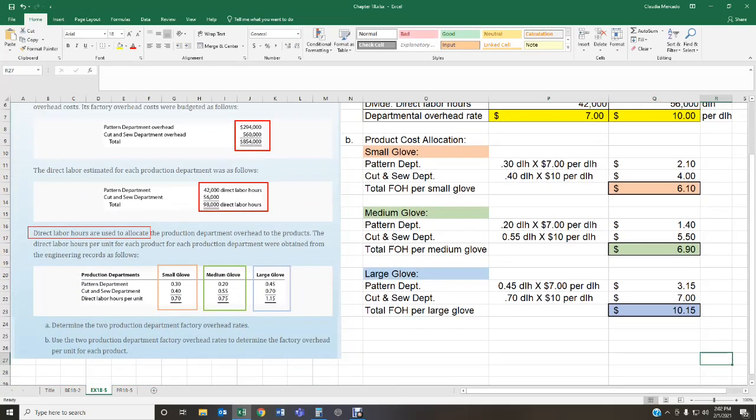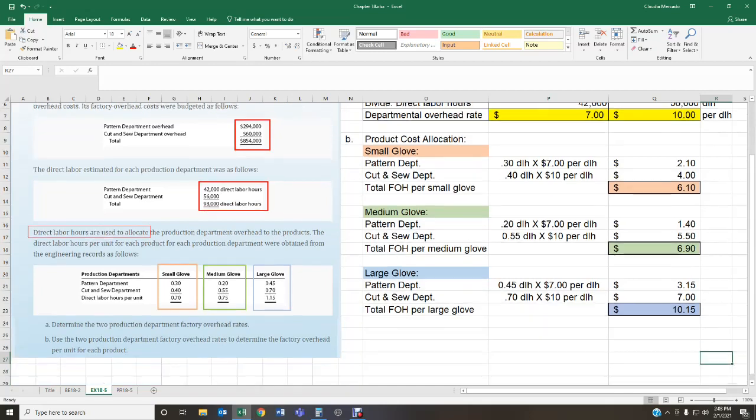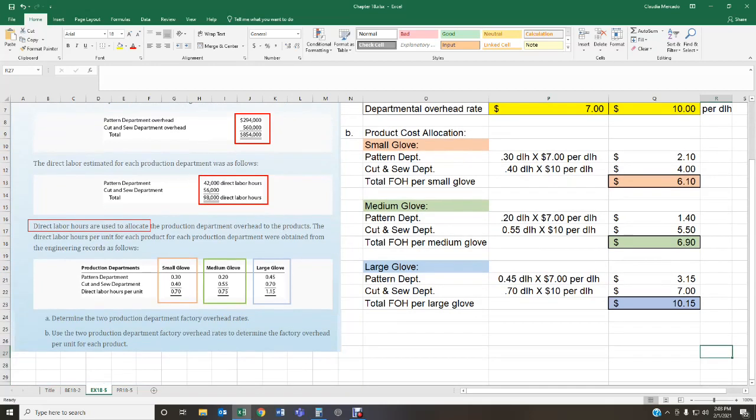So what we did here in requirement B is we used the two production department factory overhead rates, which we had already calculated in requirement A, to determine the factory overhead per unit for each product. So for every small glove, I'm going to allocate $6.10 of factory overhead. For every medium glove that I manufacture, I'm going to allocate $6.90. And for every large glove, I'm going to allocate $10.15 of factory overhead. This is based on how long it takes me to manufacture each of those items in the two departments.